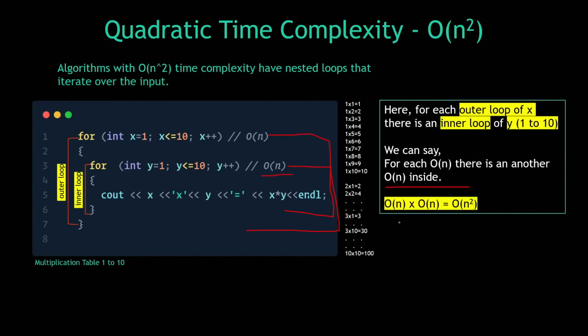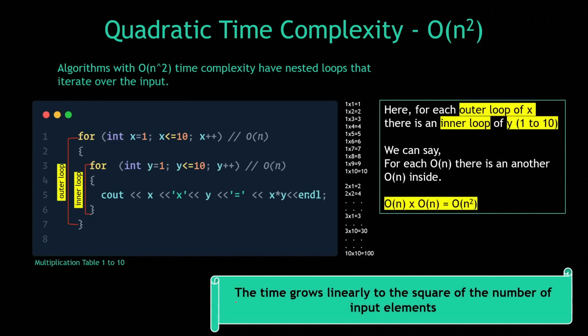So the time complexity is O(n) times O(n), which equals O(n^2). The time grows quadratically with the number of input elements. If input n equals 10, then we need n^2 equals 100 operations to complete the process.